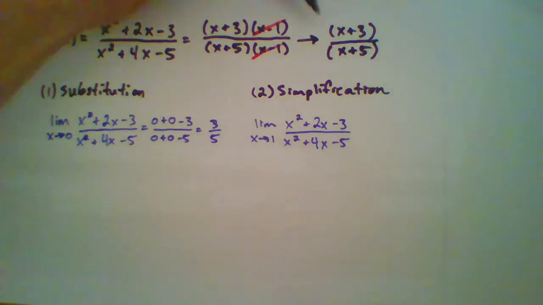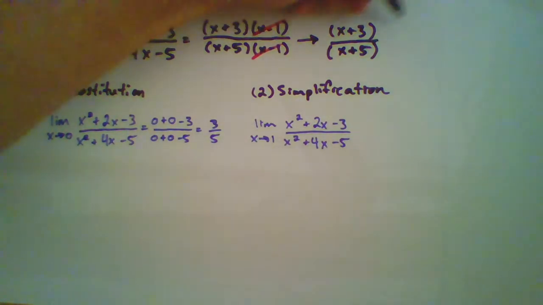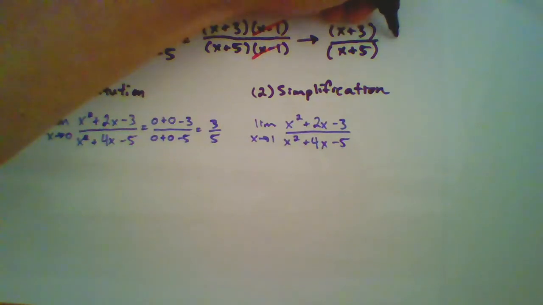These are not exactly the same because this function is not defined when x is equal to 1. Right? Because if x is equal to 1, you get 0 in the denominator. However, this function as it's written right now is defined for x equals 1. So we might want to add a little disclaimer here.